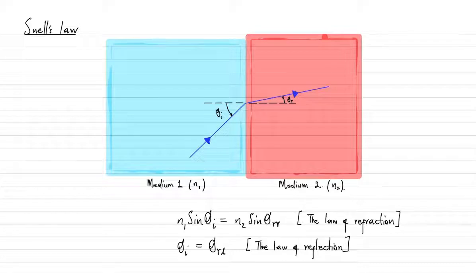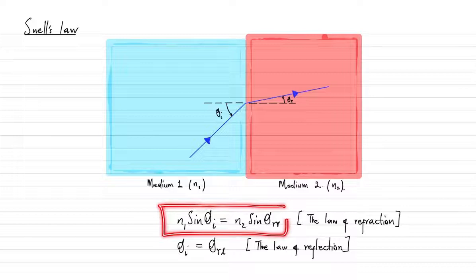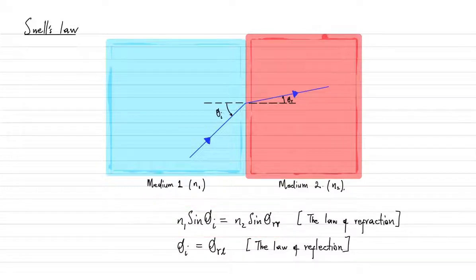It's worthwhile to spend time to think about what this means. One of the helpful things to do in order to help you understand what this means is to contrast it with the law of reflection. The law of reflection says that the angle of incidence is equal to the angle of reflection. So these angles are directly equal.